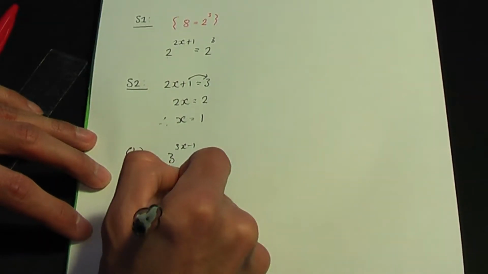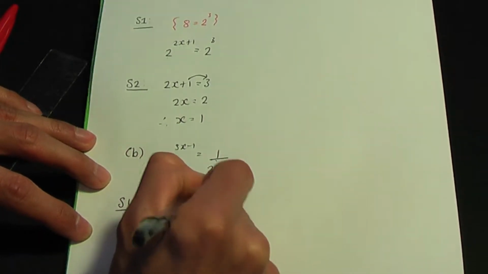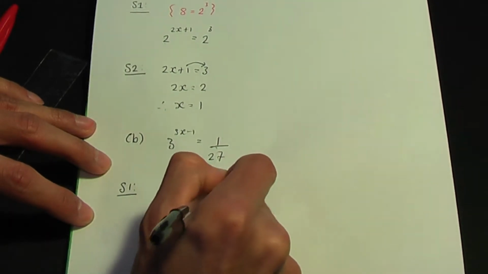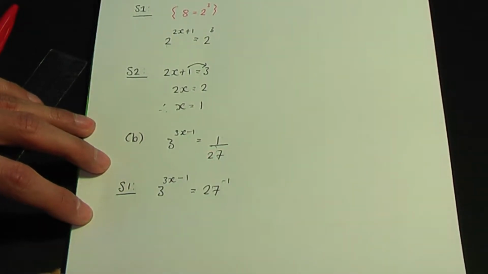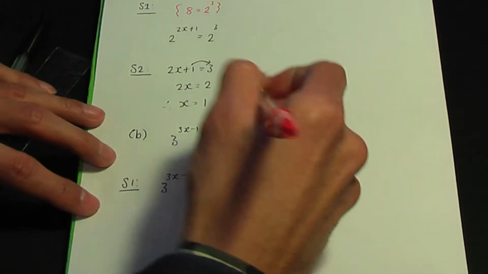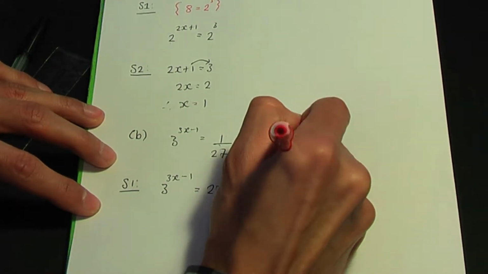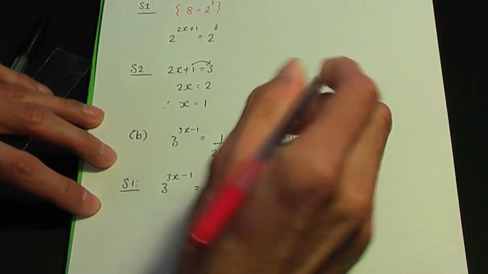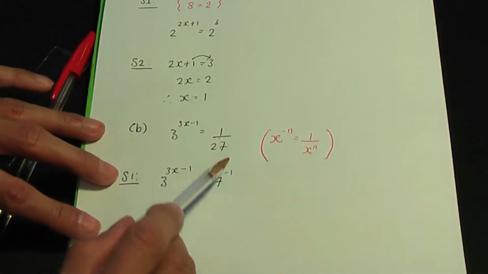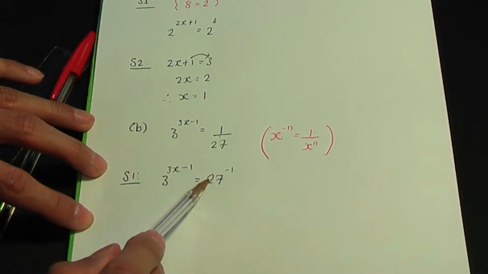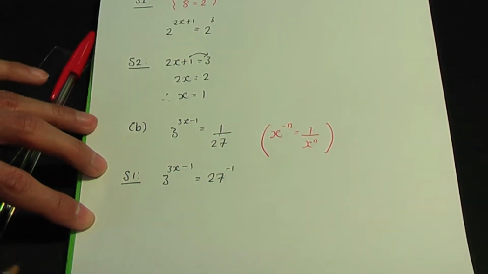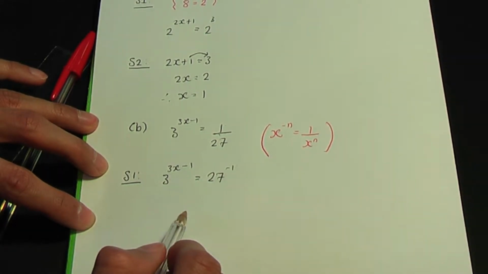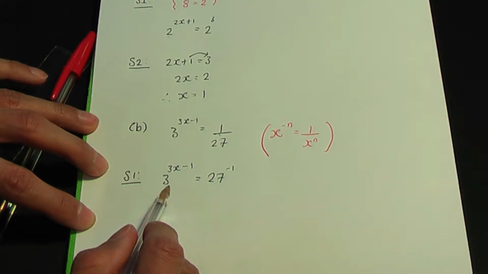I'm not going to touch the 3 to the power 3x minus 1. But 1 over 27 is the same as 27 to the power minus 1. Remember one of the rules in an earlier video, x to the power minus n is 1 over x to the n. We use this rule in order to rewrite 1 over 27 as 27 to the minus 1. But further to that, I can make 27 a base of 3 to the power of something.